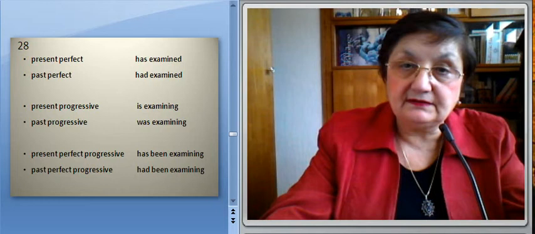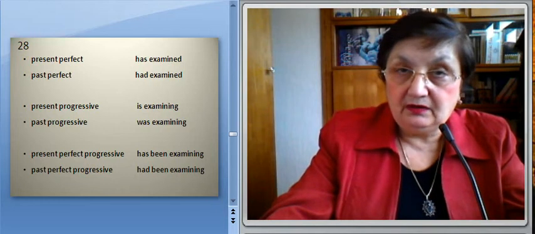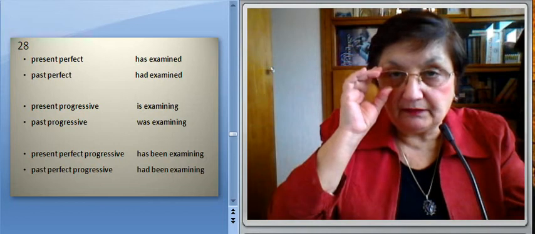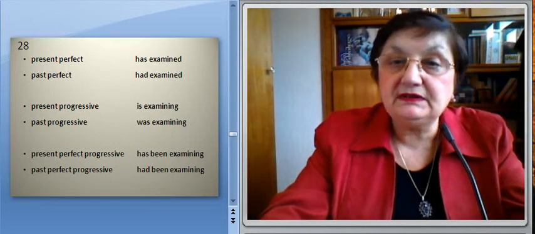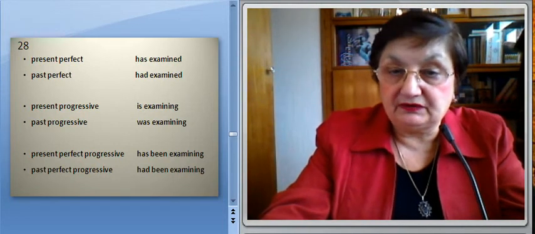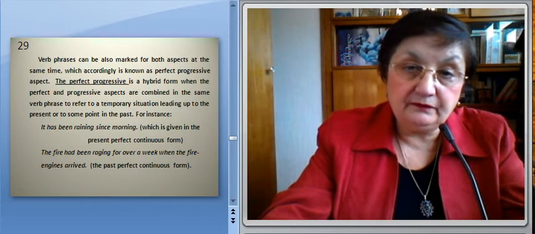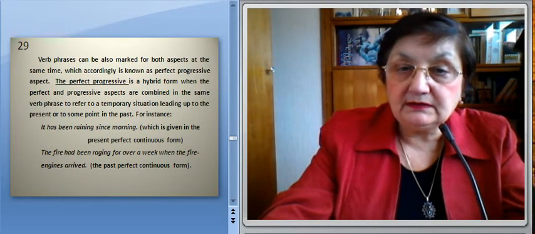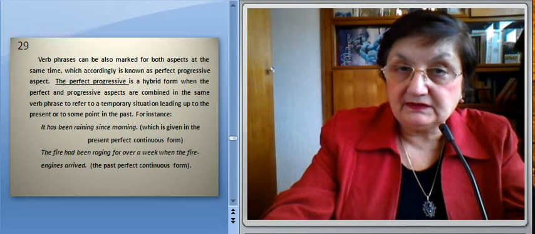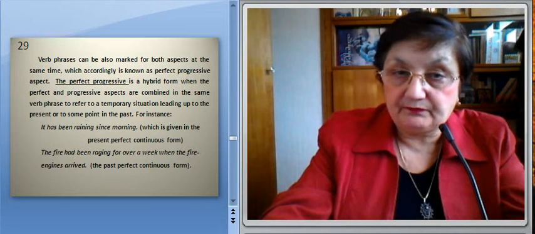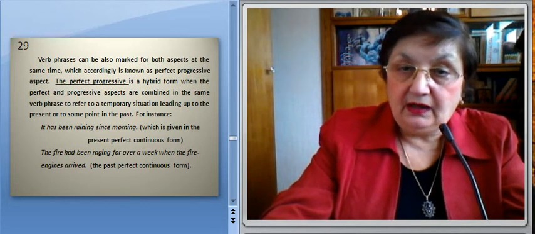Verb phrases can also be marked for both aspects at the same time, which accordingly is known as perfect progressive aspect. The perfect progressive is a hybrid form when the perfect and progressive aspects are combined in the same verb phrase to refer to a temporary situation leading up to the present or to some point in the past.